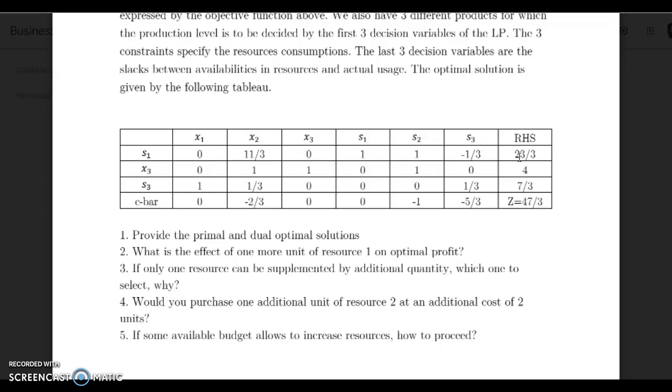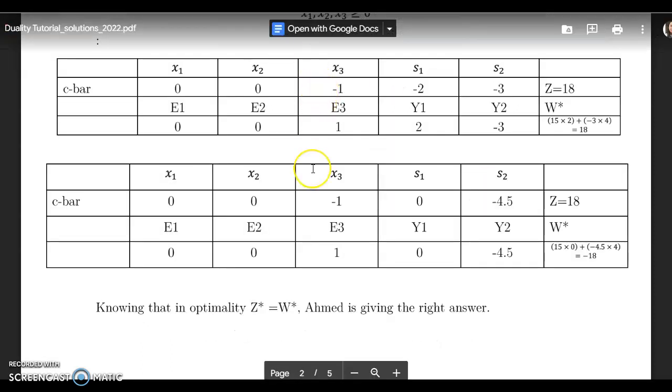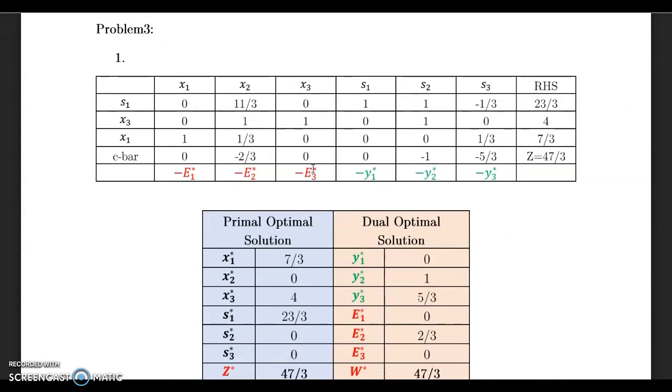As for the dual solutions, they are equal to minus C bar. So we have y1 equals 0, y2 equals 2 over 3, y3 equals 0, e1 equals 0, e2 equals 1, and e3 equals 5 over 3. We can verify this in the solution.